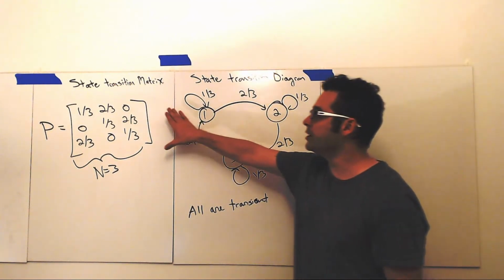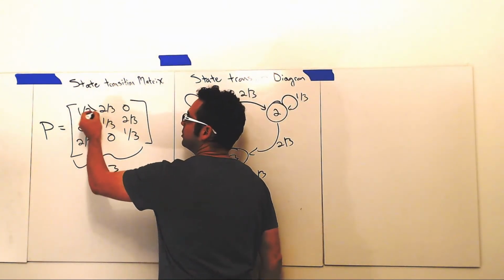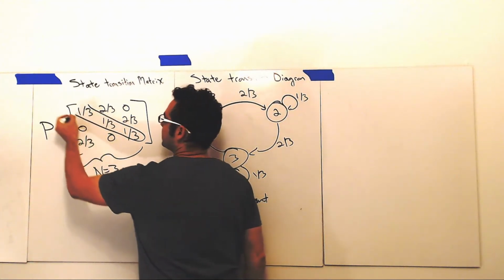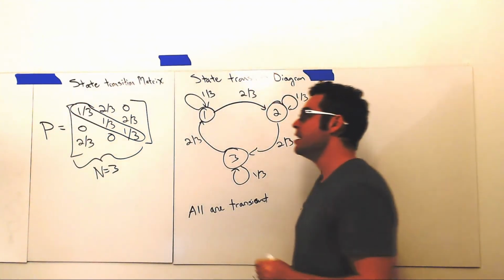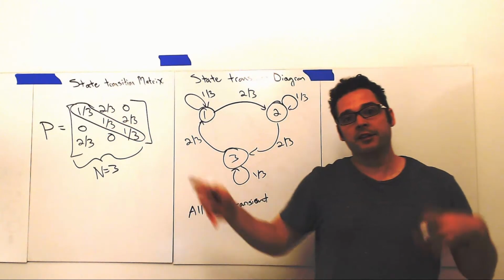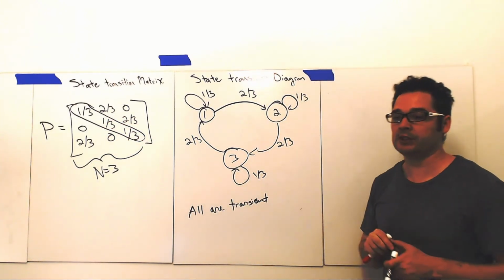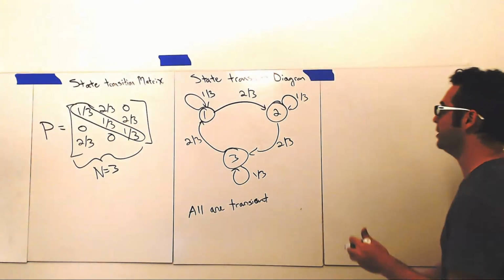And again, we can tell from the transition matrix because what we actually want to do is look at this diagonal here. If we see a value of 1 anywhere in the diagonal, then we know that corresponding node is an absorbing state. Let's do a quick example of that.